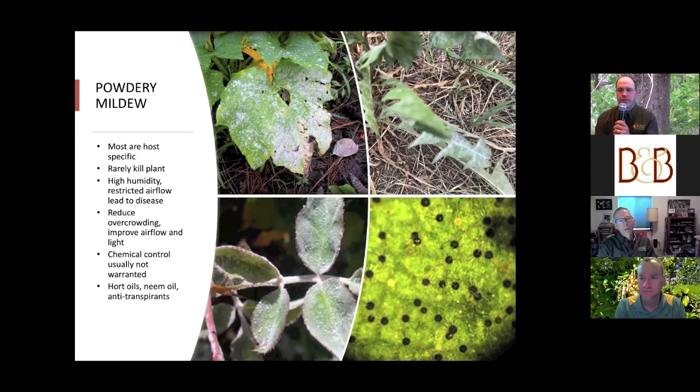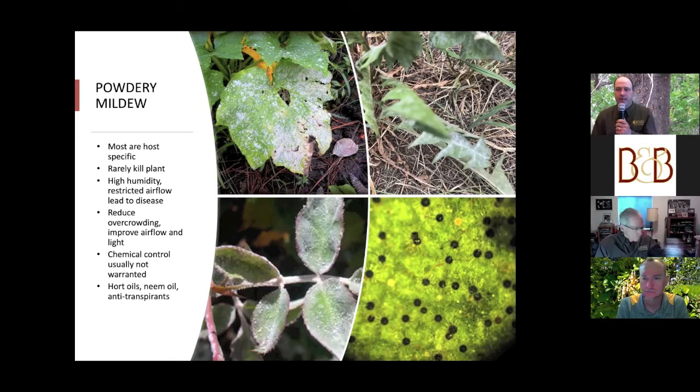There are chemical controls, but I don't really advocate a lot of fungicide use in gardens, especially for stuff you're eating. I would go for some of the more non-toxic things like horticultural oils, neem oils. Some people use anti-transparents. They're all going to be marginal in terms of effectiveness.